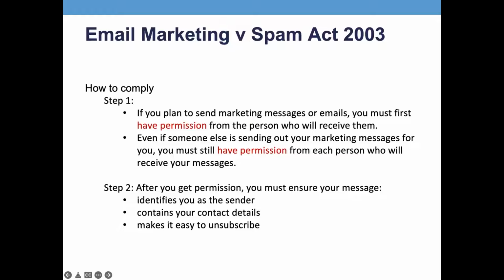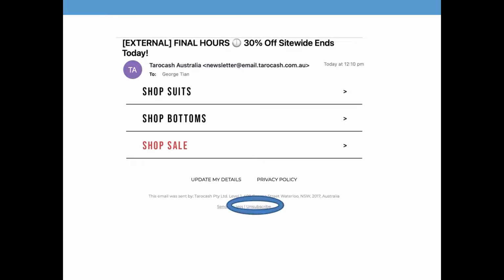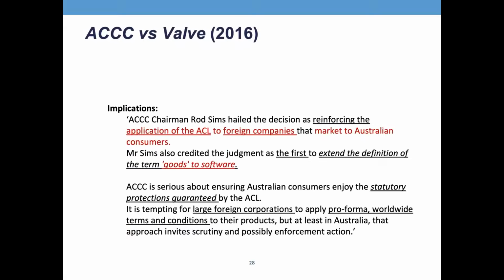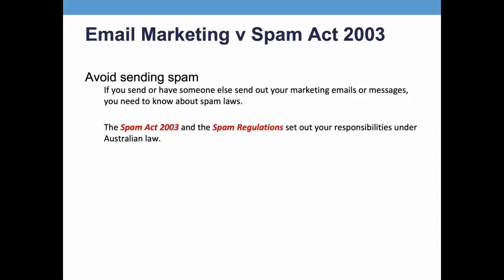So that means if an Australian subscriber is not satisfied with their service, they cannot get any refund from this US company. So that's why eventually the High Court made a decision in favor of ACCC, imposing a $3 million penalty against the US company involved.